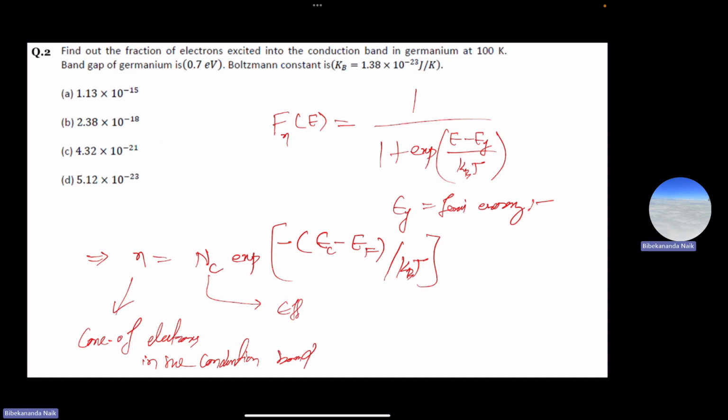The expression for NC is 2 pi m kBT by h square to the power 3 by 2.